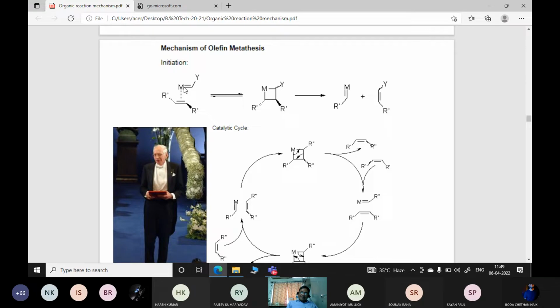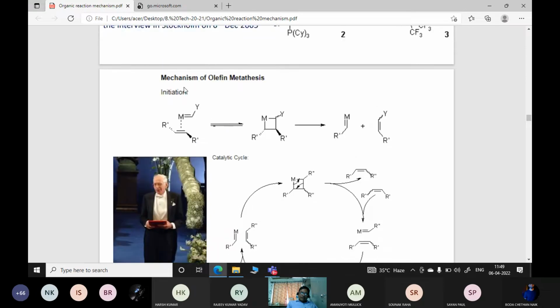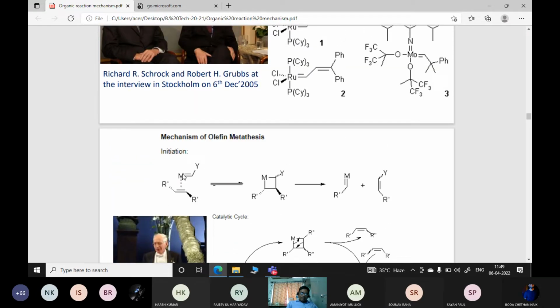M means other coordinating groups are not shown here, because when you present the mechanism, you have to show the change in the elementary steps, that is the bond making and bond breaking, but not those which remain unaltered. If you show that one, it will be clumsy because it is a three-dimensional, bulky molecule.